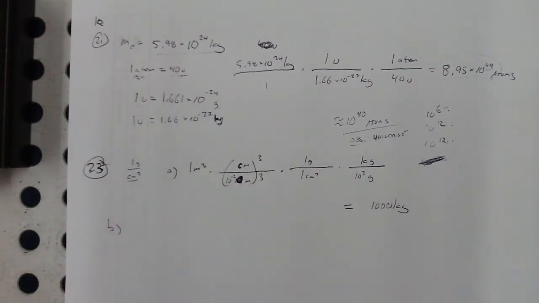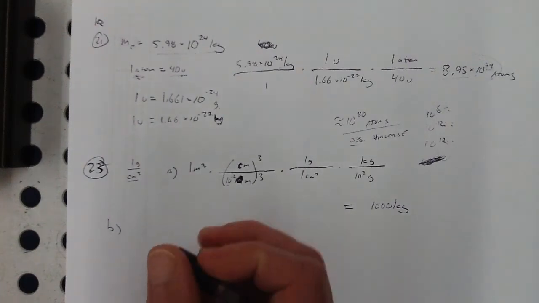All right. Part B. Suppose that it takes 10 hours to drain a container of 5,700 cubic meters of water. What is the mass flow rate in kilograms per second of water from the container?